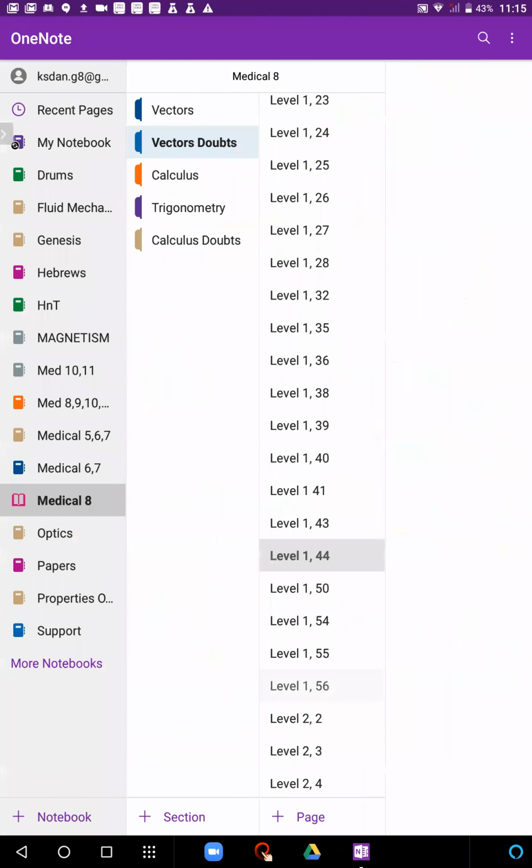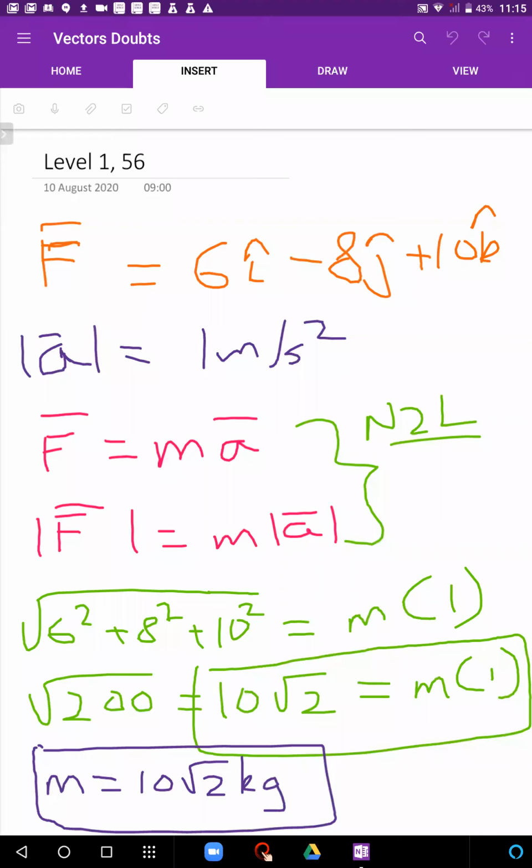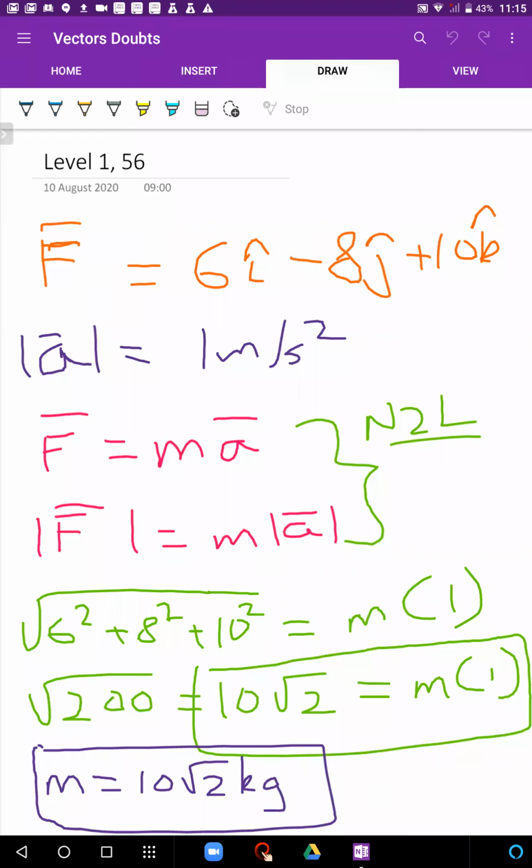Now, of course you learn this in Newton's second law of motion as well. F is ma. Information given to us is F is this vector. Now acceleration is also actually a vector. You know that acceleration is a vector. But I have not been told acceleration, I've been told the magnitude of acceleration. The magnitude of acceleration is 1 meter per second square.